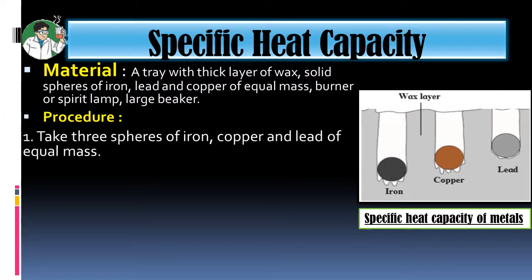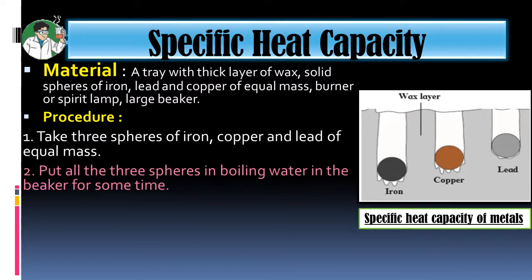Take 3 spheres of iron, copper and lead of equal mass and put all the 3 spheres in boiling water in the beaker for some time, and then take the 3 spheres out of the water. That means when the water has been heated properly, we should take out the 3 metal spheres from the water, and all the spheres will be at a temperature of 100 degrees Celsius.